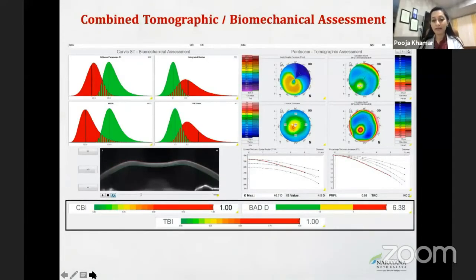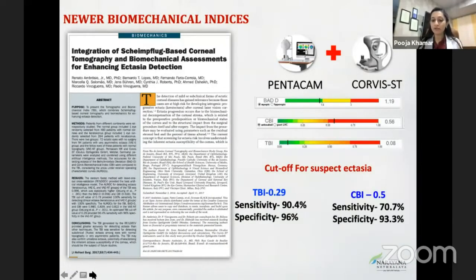If the Corvus Biomechanical Index is combined with the BAD-D, your tomography parameter, it gives you the total biomechanical index. Now there are some cutoff values for your CBI and TBI. For CBI, the cutoff is 0.28 for suspicious corneas, and above 0.5 would be abnormal.